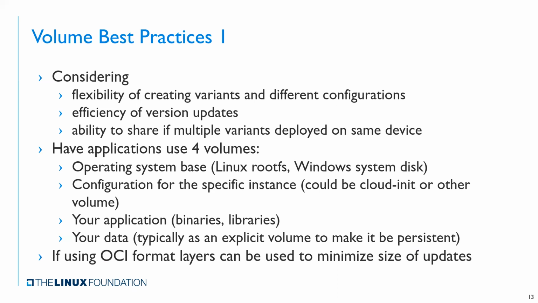Okay. So in addition, if you're using OCI content format, then you can also use layers to do even finer grain construction of things on the fly, where if you construct the layers with independent pieces being independent, and there's only one or a few layers that get updated, those are the only ones that end up being downloaded.